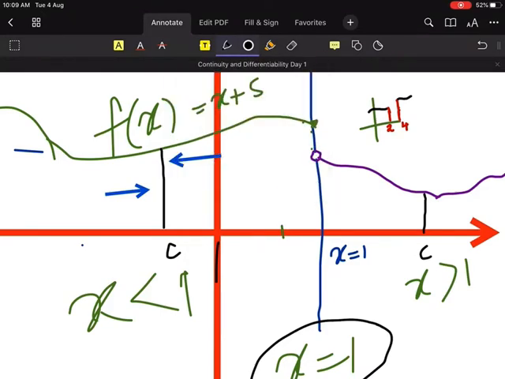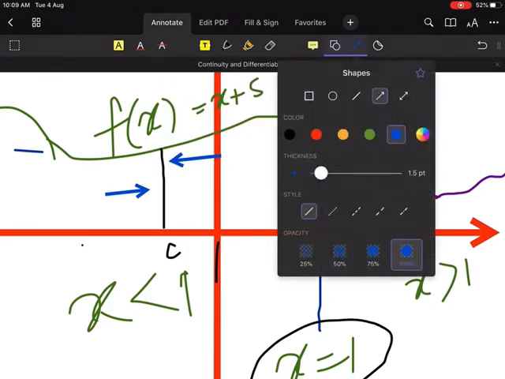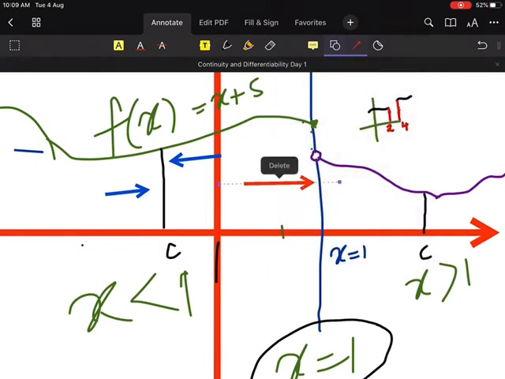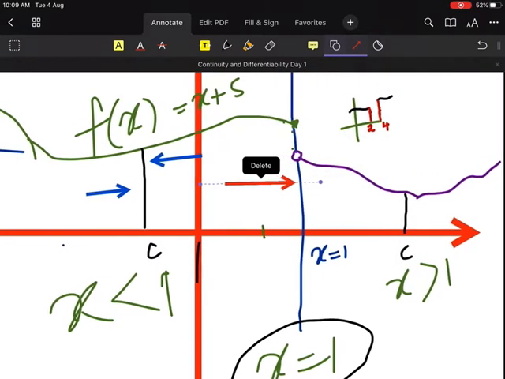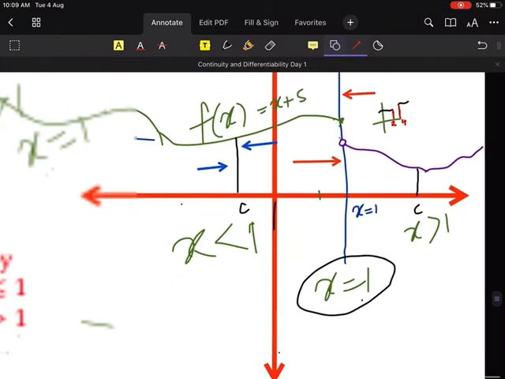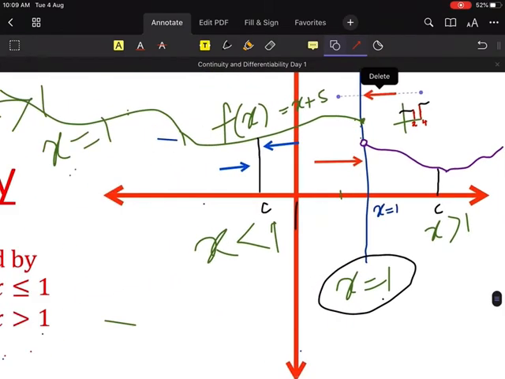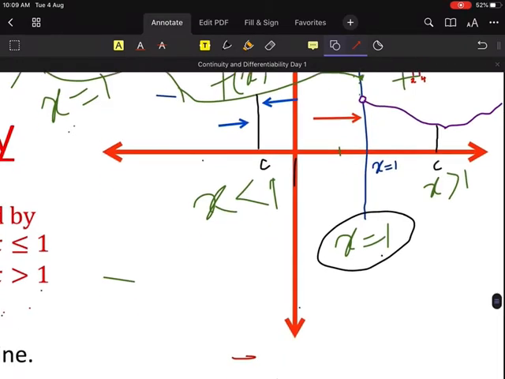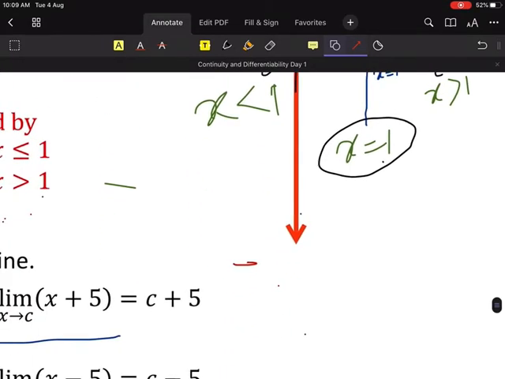We can never assume the left hand limit is equal to the right hand limit. Whenever we are discussing a single point, we have to find the left hand limit and right hand limit.